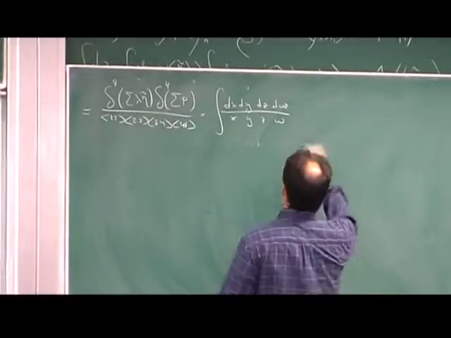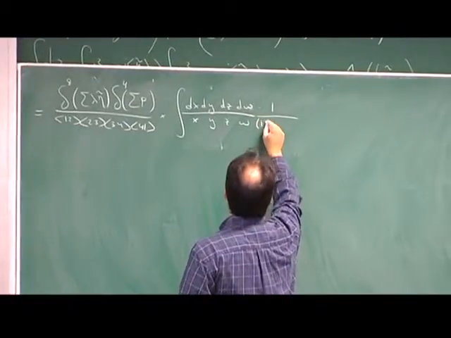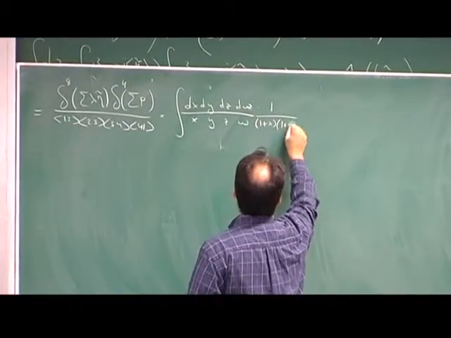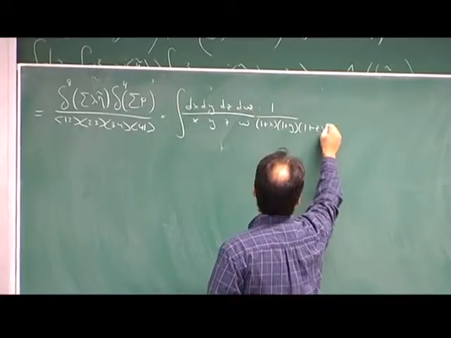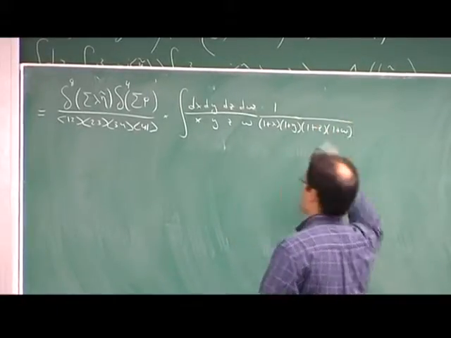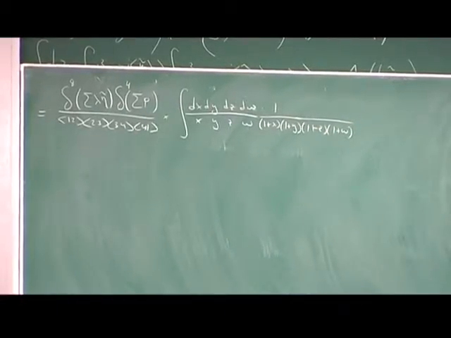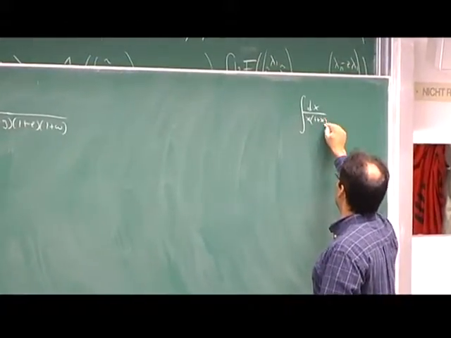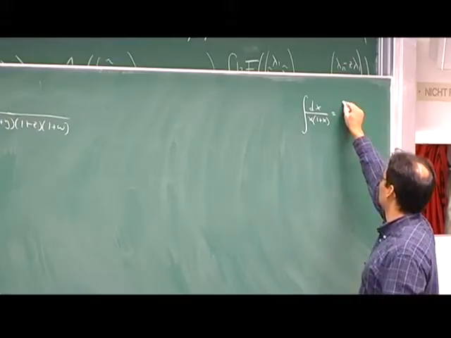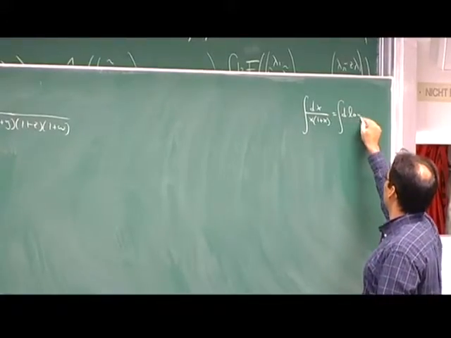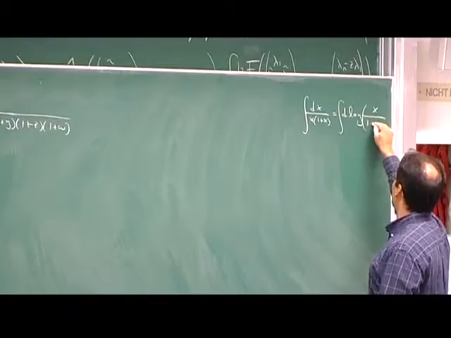So what I get is a bunch of factors of the form 1 plus x, 1 plus y, 1 plus z, 1 plus w. But also note the following. If you have an integral dx over x, 1 plus x, this is nothing but, up to a sign, d log of x over 1 plus x.